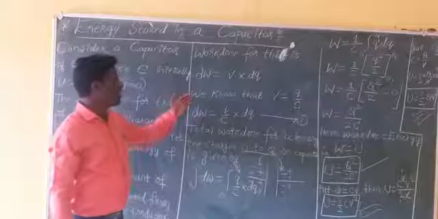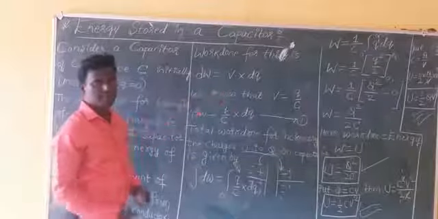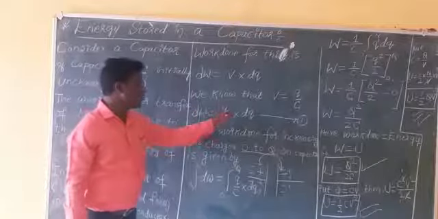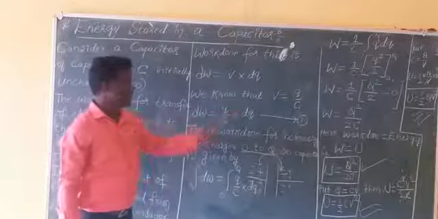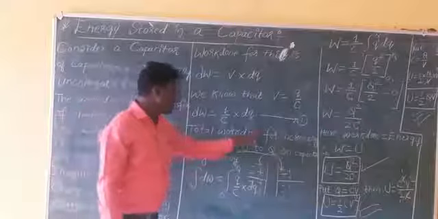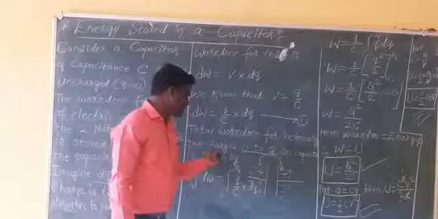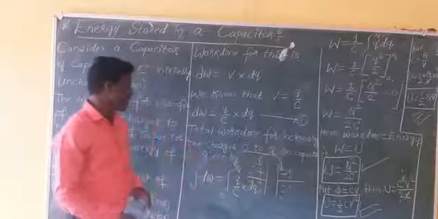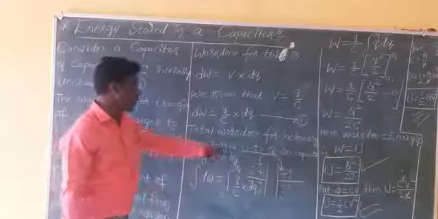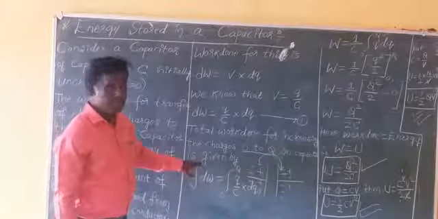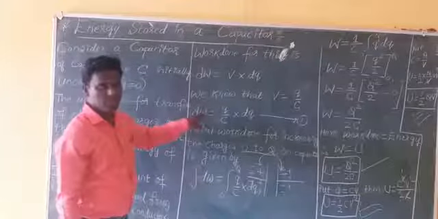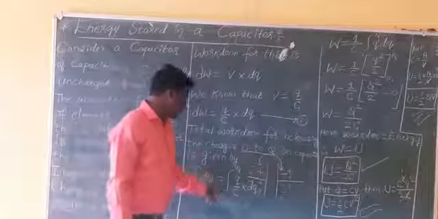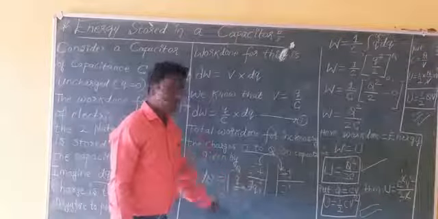We know that V equals Q by C, so dW equals Q by C into dq. The total work done for increasing the charge from 0 to Q on the capacitor is given by integrating this equation within the limits 0 to Q. Integration of dW equals integration from 0 to Q of Q by C into dq.